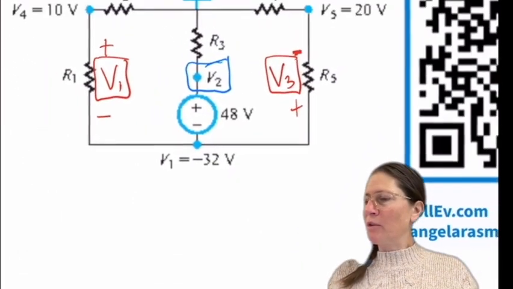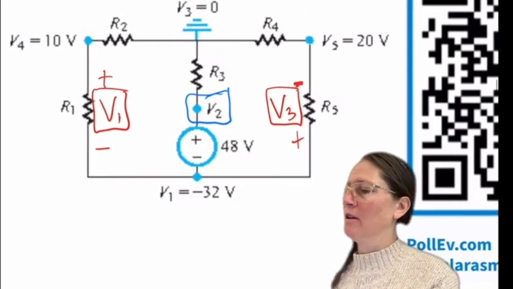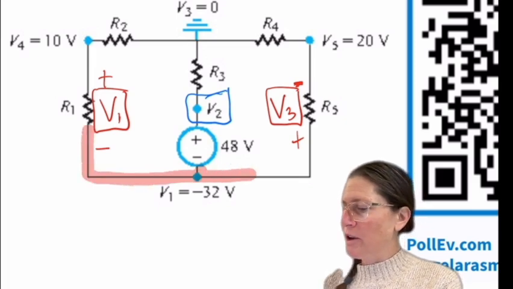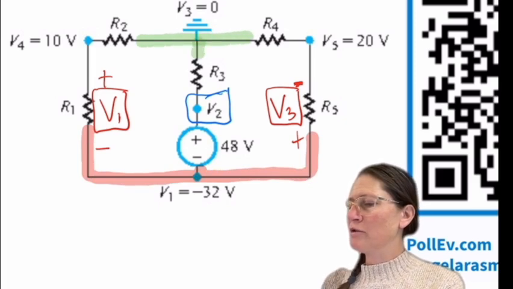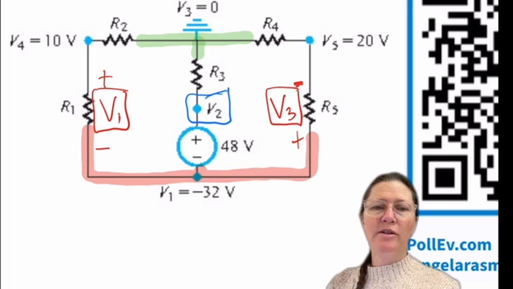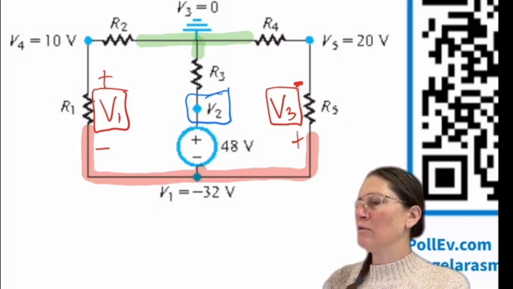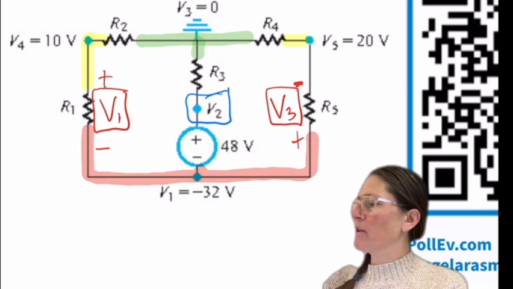Okay, so we know that all of this is the same voltage. Anywhere on that wire is going to be minus 32 volts, so that's given to you. I'll label them differently.